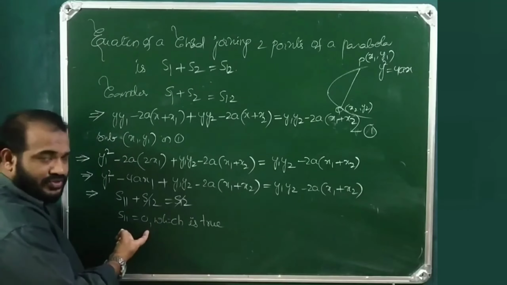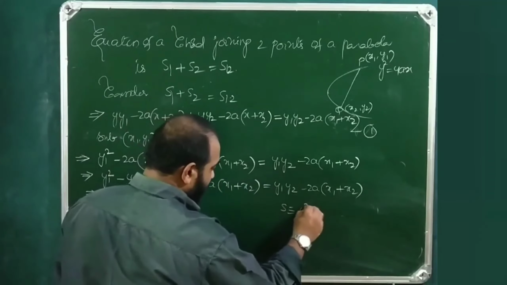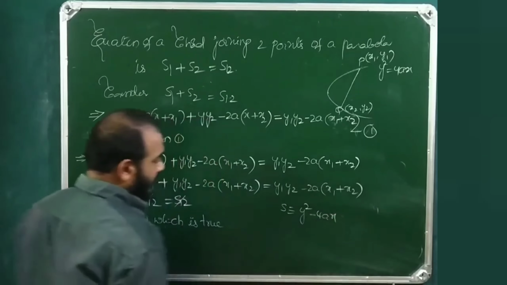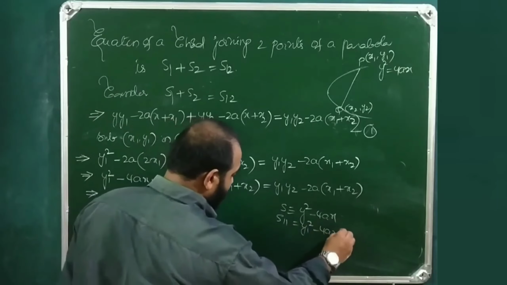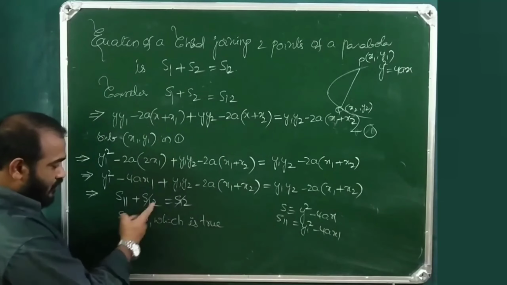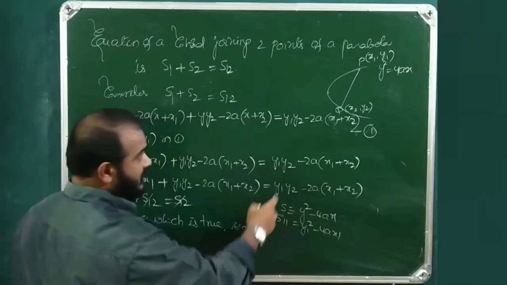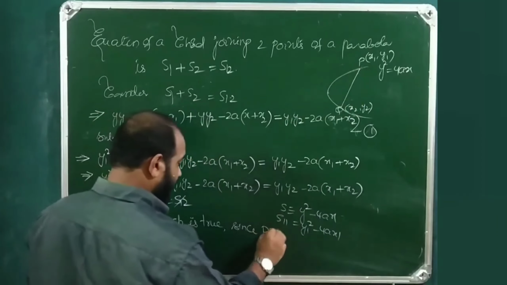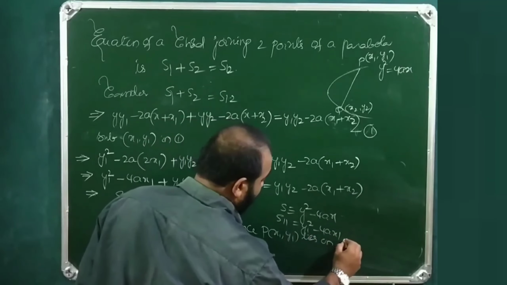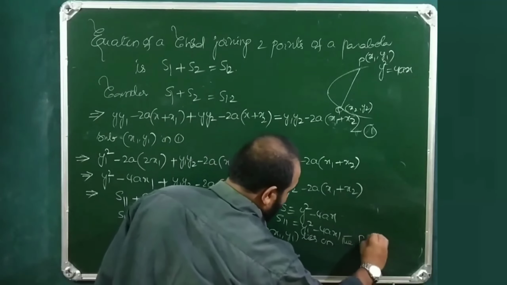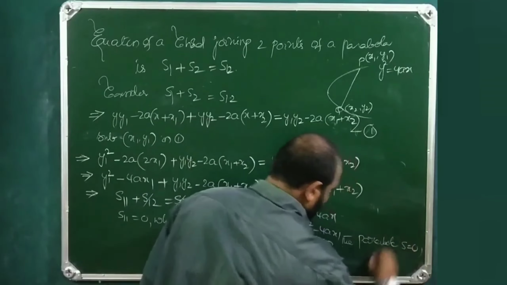We got S11 equals 0. That means S is y square minus 4ax, S11 is y1 square minus 4a x1, and this S11 equals 0, which is true, since P (x1, y1) lies on the parabola, S equals 0.